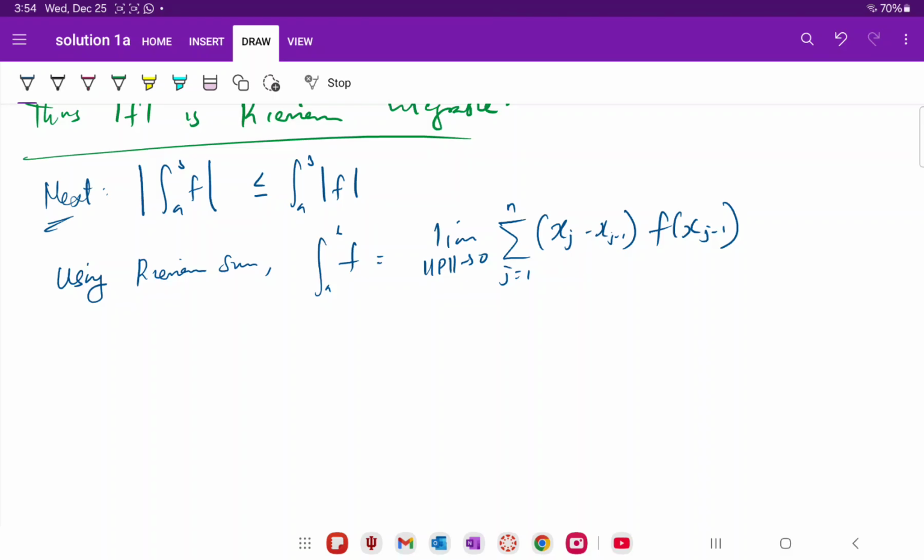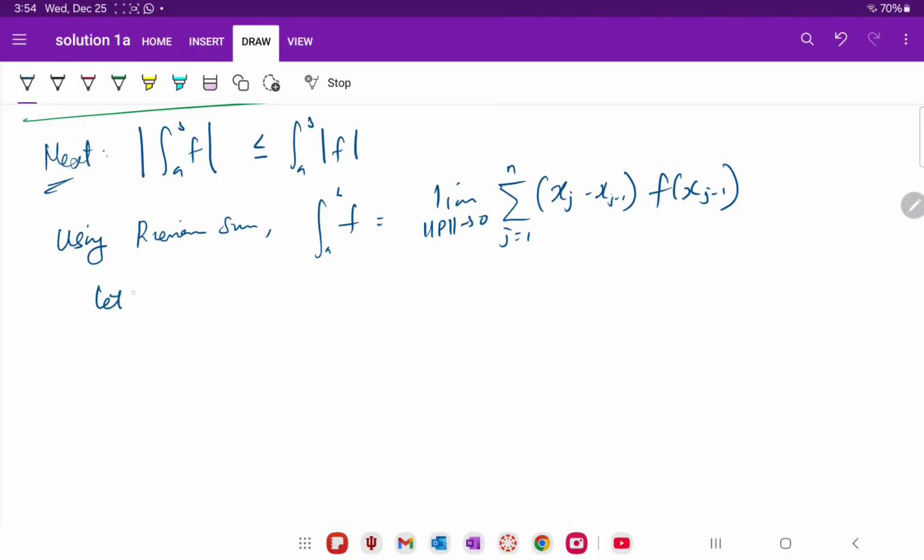So then let's define our Riemann sum. Let S(f, P) be our Riemann sum, the summation j equals 1 to n of f of ci times the change in x.